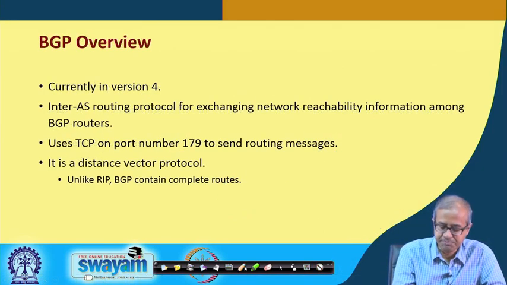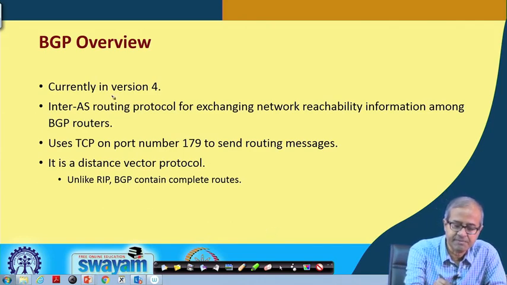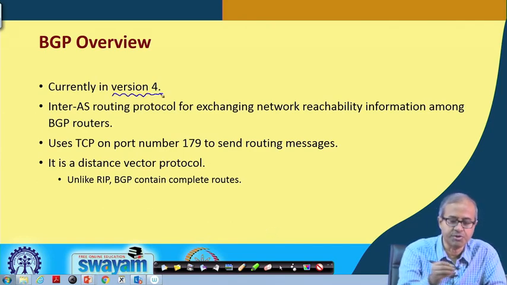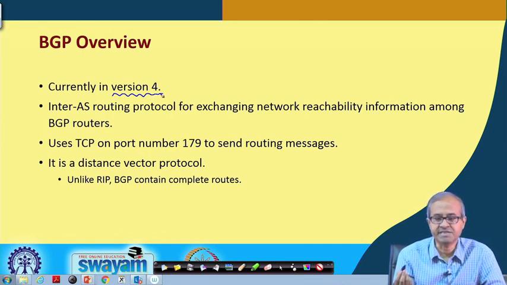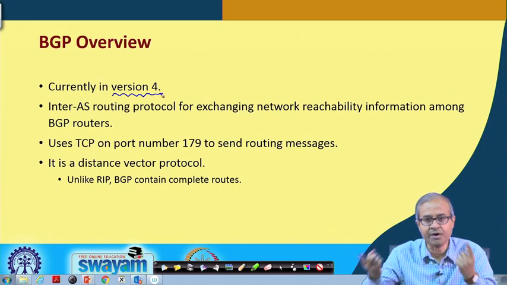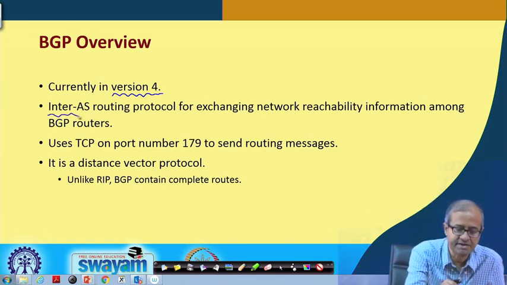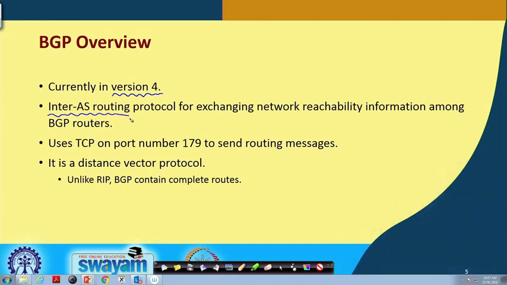Now, BGP comes in various versions. Presently, version 4 is most common, and as I said, it is used to communicate between routers across autonomous systems, which we call inter-AS routing, right.